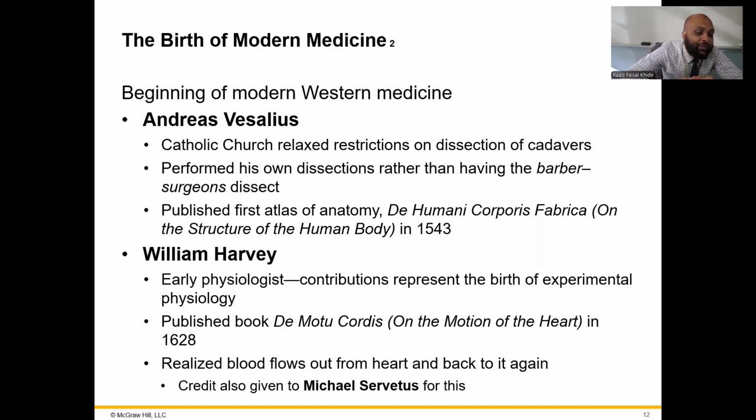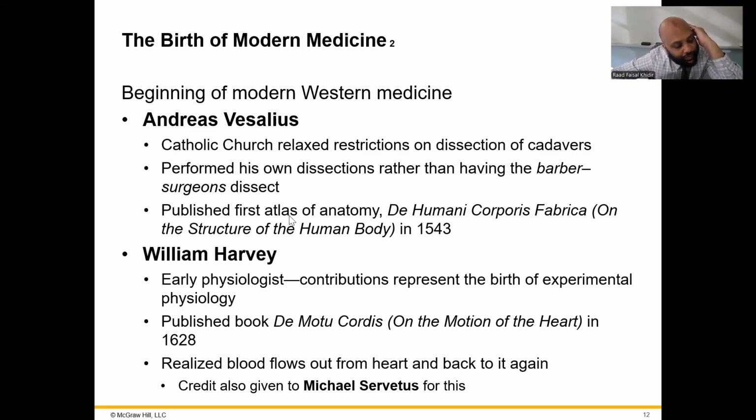So Andreas Vesalius was the first one who came down from the cathedral, and he did the actual dissections on that putrefying cadaver, and he published the first atlas of anatomy, known as De Humani Corporis Fabrica, the structure of the human body. So it's very interesting for you to remember that the first atlas of anatomy was published by Andreas Vesalius.